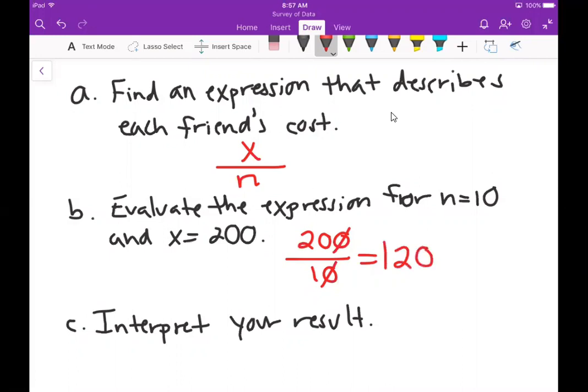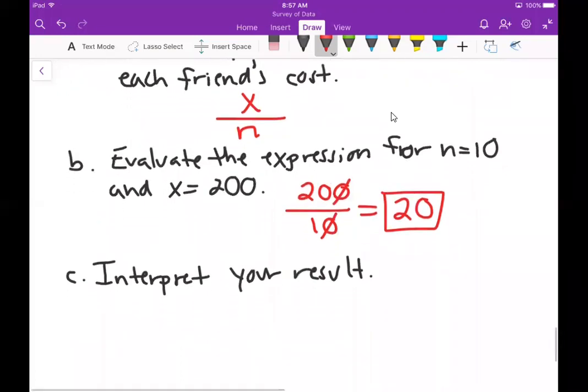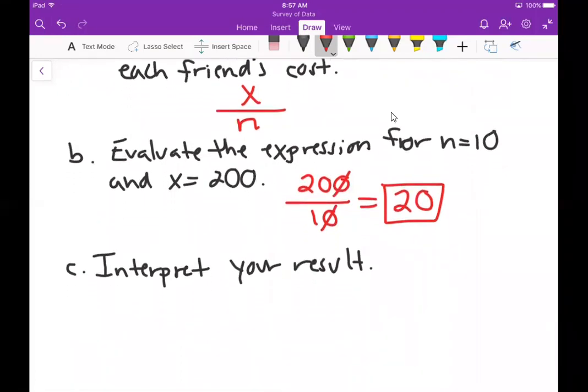So I have evaluated the expression, but that evaluation means something because remember x and n have context in this problem. So go back and interpret your final result. What did you just do and what does it mean? You took 200 divided by 10 because the total cost of the meal was 200 and we were dividing it among 10 friends.